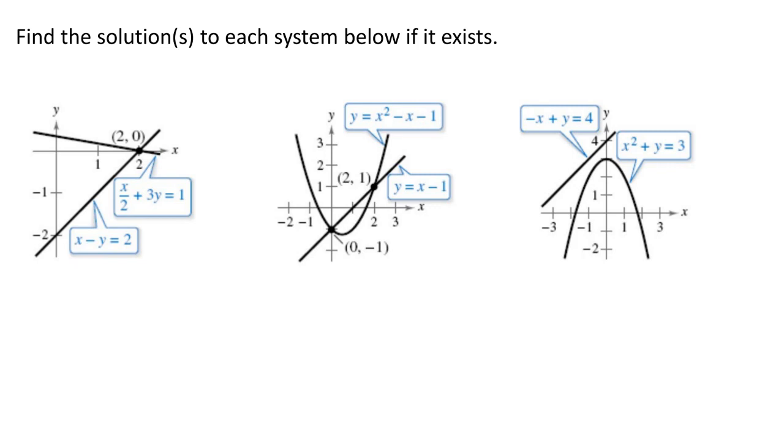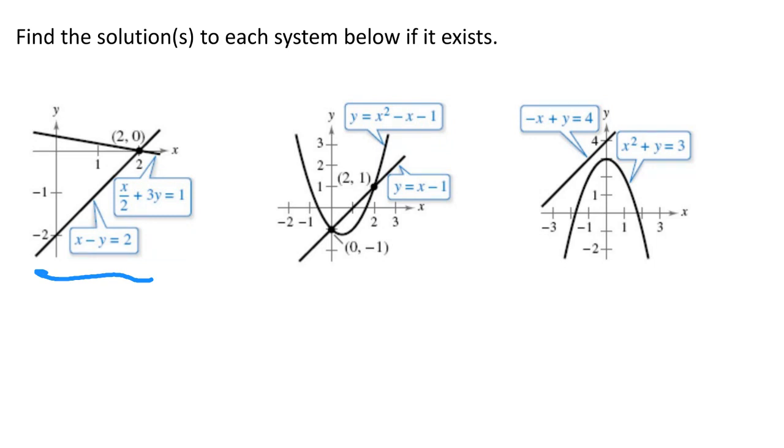Okay, so I have three examples here. In the first example, you can see there are two lines, so this is a linear system. We want to look at where the solution to this system is.